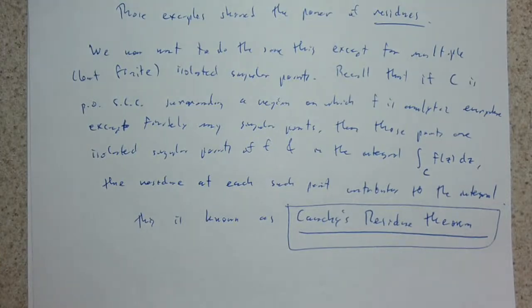By this point, you might notice that almost everything in this course has been named for Cauchy. And the reason for that is because he's basically the guy that single-handedly founded complex analysis.